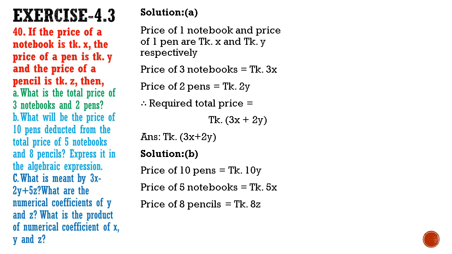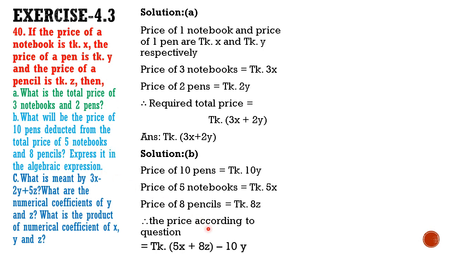Now according to the language of this question, the price according to the question equals taka 5x plus 8z minus 10y. Why? Because it is written: from the total price of 5 notebooks and 8 pencils.